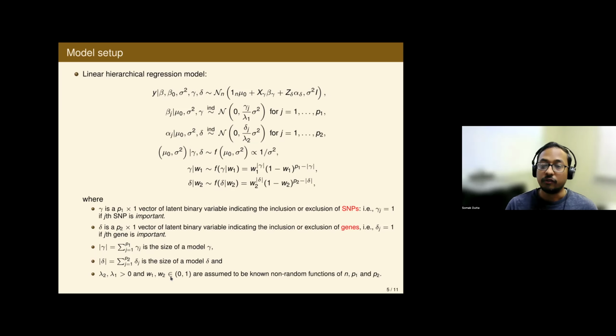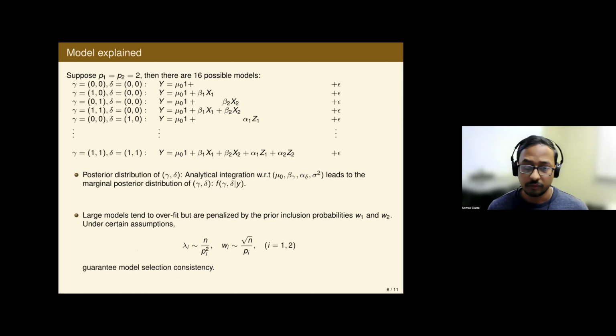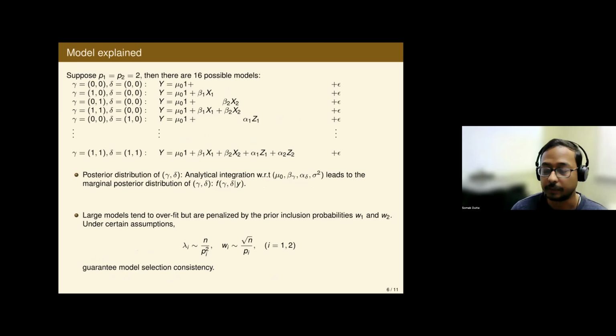Going forward, let us try to understand this Bayesian hierarchical model. We'll keep it small for pedagogical purposes. For now, suppose that P1 and P2 are 2, so we have only 2 SNPs and 2 genes. There are altogether 4 variables, 2 SNPs and 2 genes, so there are 2 to the power 4 possible models.